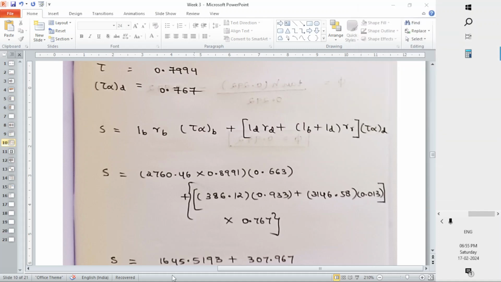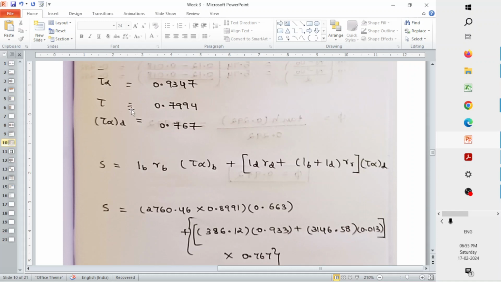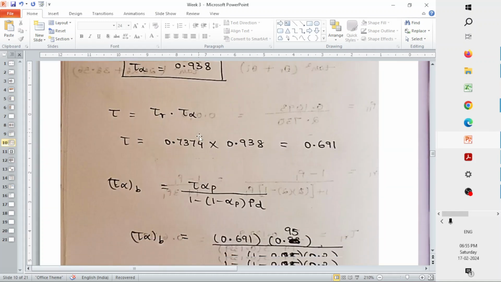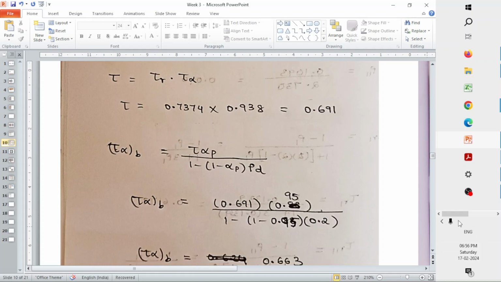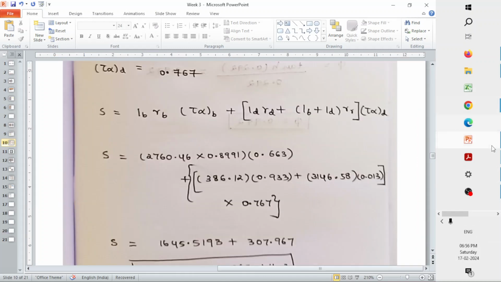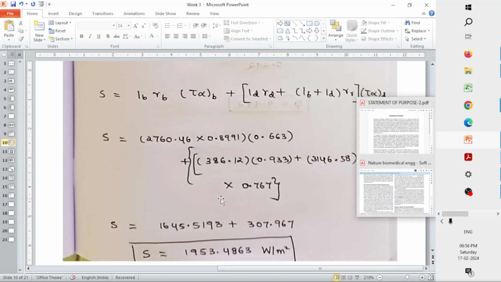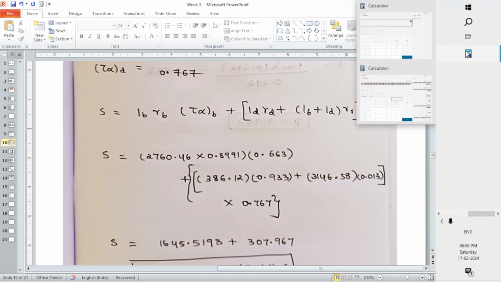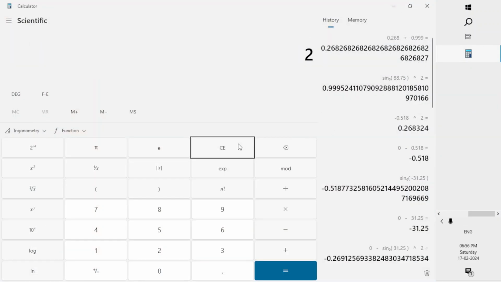Tau alpha b, now you know it's 0.663, because we calculated it here. So let's calculate the value of S, that is how much energy, the flux, your flat plate collector is going to absorb. 2760.406 into 0.8991, that is your RB value, times 0.663.